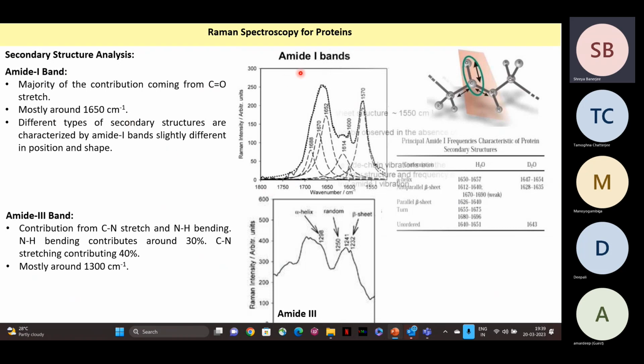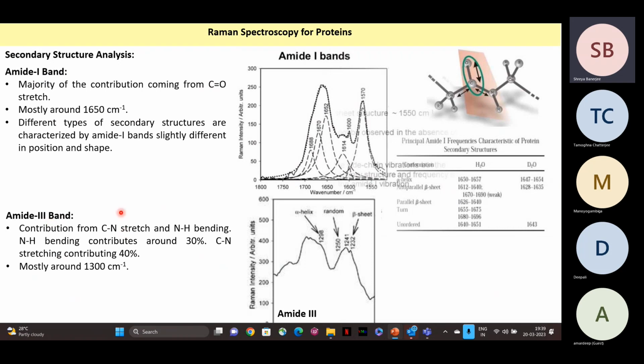But the speciality of this is that different secondary structures are characterized by the amide band being in different positions. So if we look at the lambda max of the peak, we can predict what is the secondary structure of the protein from the amide 1 band in the Raman spectrum.